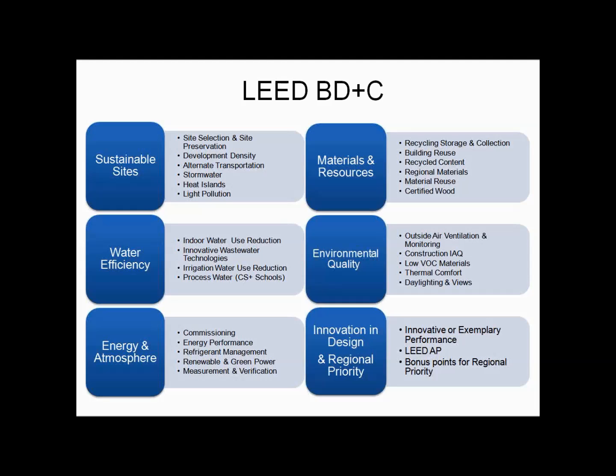One for minimum energy performance, to achieve a 10% reduction beyond whatever the energy code is, using ASHRAE as the standard there. So again, right off the bat, to get your building certified, you have to be 10% more efficient than a standard building. And then the third one is refrigerants, no CFCs in your building refrigeration systems, which usually isn't too much of a problem.